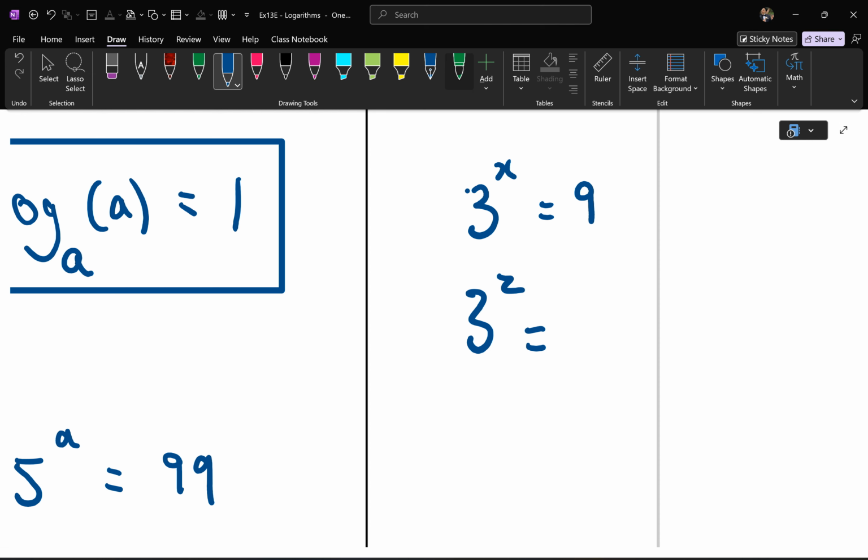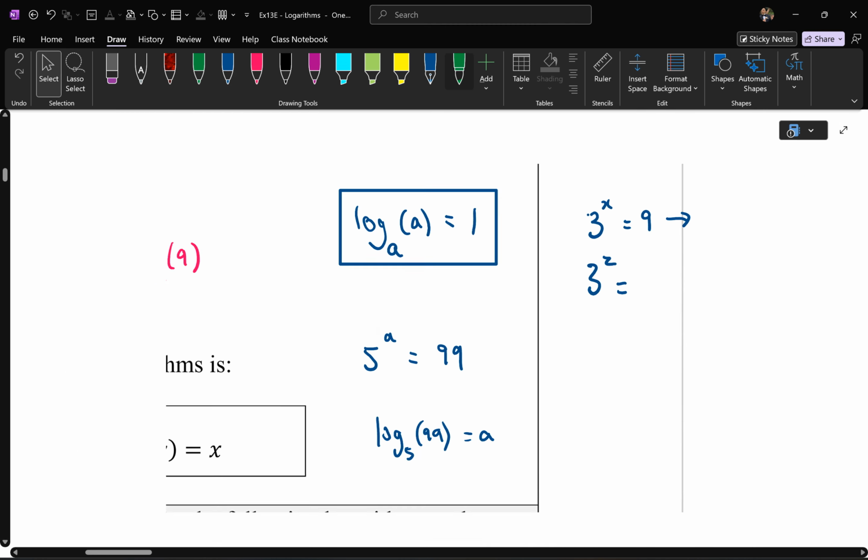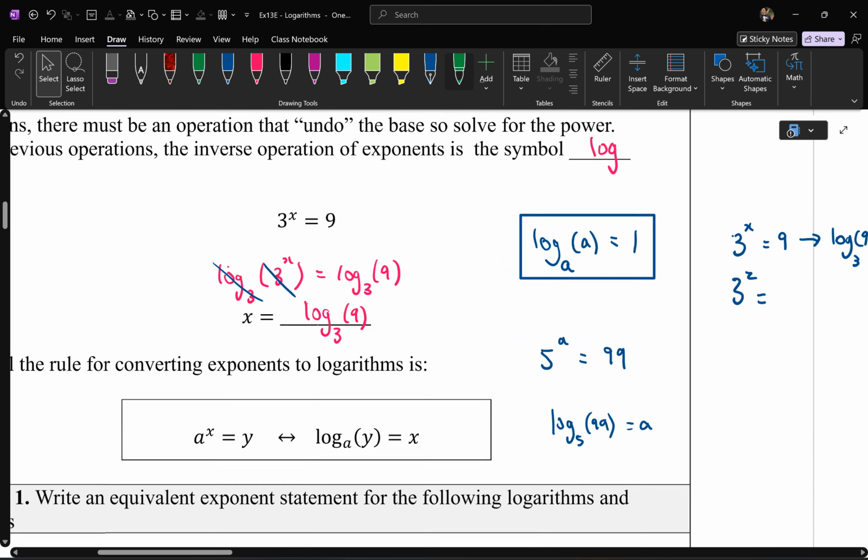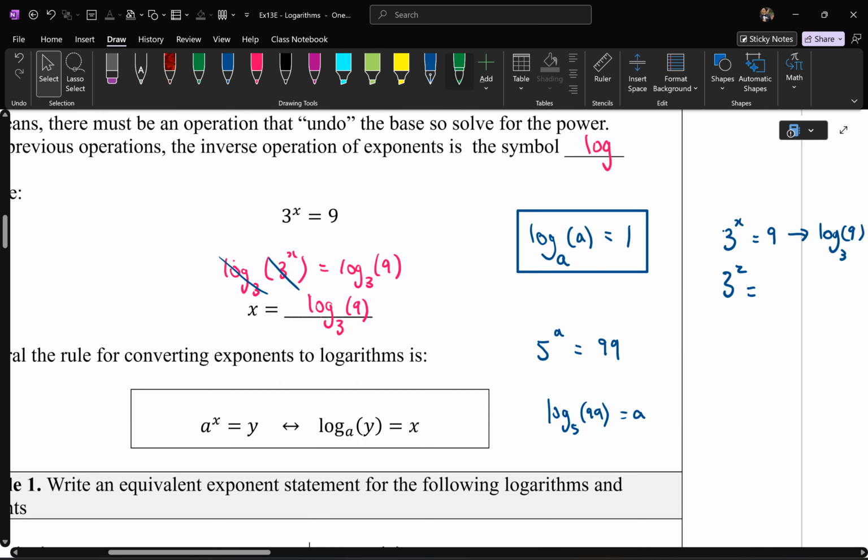Here, we want x to be 2. If you were to write that as a log, it's 3 to the power of what gives you 9. That's what this means. So log base 3 of 9, if you type that on a calculator, should give you 2. So try to read it rather than memorize a bunch of formulas, because that's what makes logarithms feel much more difficult.